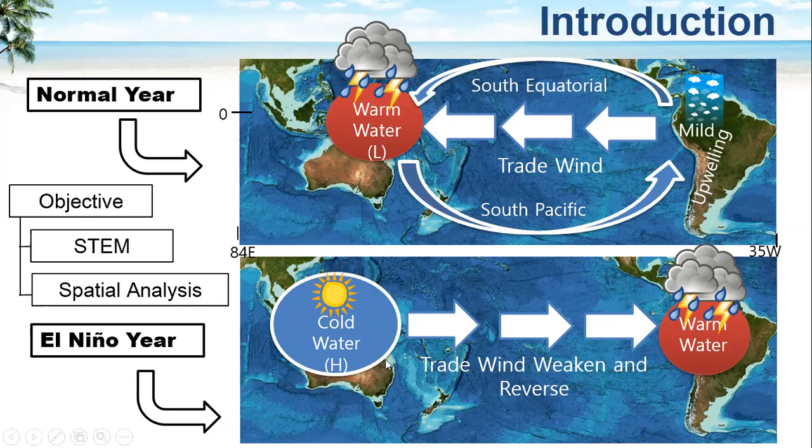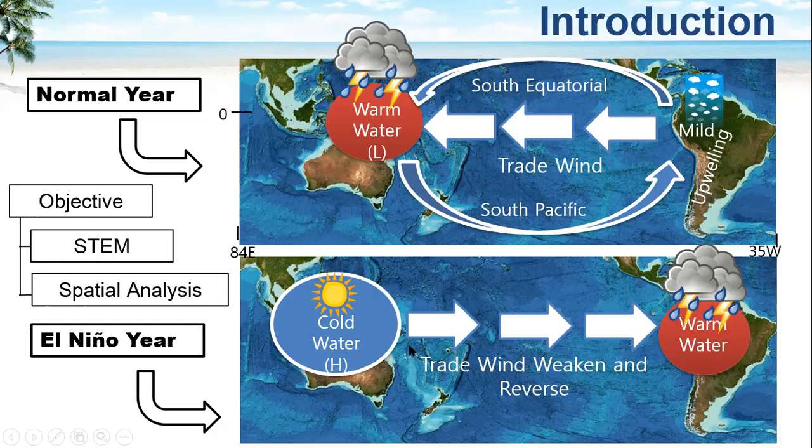Meanwhile, in the Indonesian archipelago, where the cold water from the bottom is rising, it might lead to cold water at the surface. Because of these conditions, warm water will contribute to high evaporation that might trigger storms, followed by heavy rainfall that might cause floods in South America.